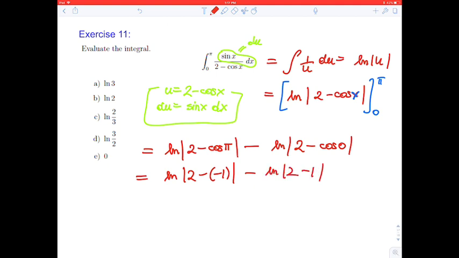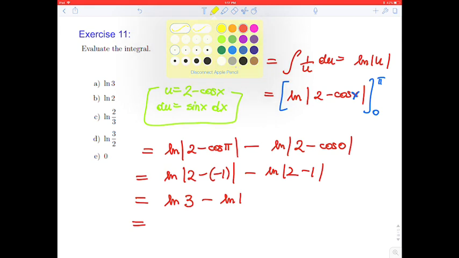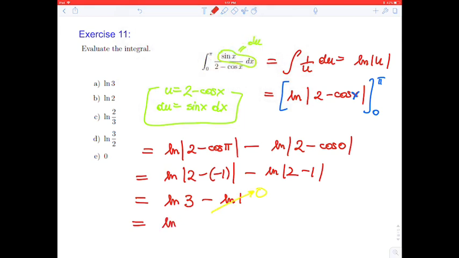Cosine at 0 is 1. 2 minus negative 1 is adding 1, it's 3. This one is ln of 1, and ln at 1 is 0. Okay, that means the final answer is just natural log of 3.